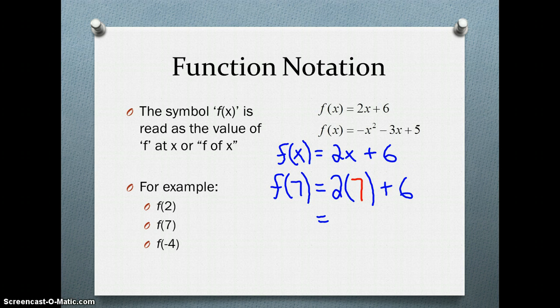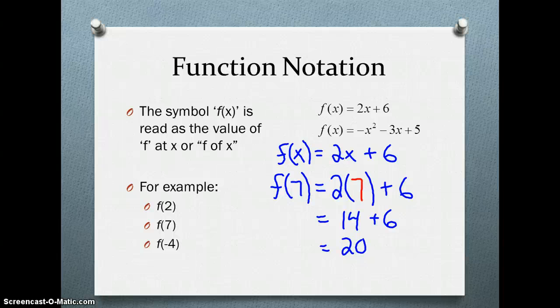Again, we do nothing with the f of 7. 2 times 7 is 14. Then we add 6. 14 plus 6 is 20. So when x is 7, our function value, or our y value, is 20. Our input is 7. Our output is 20.